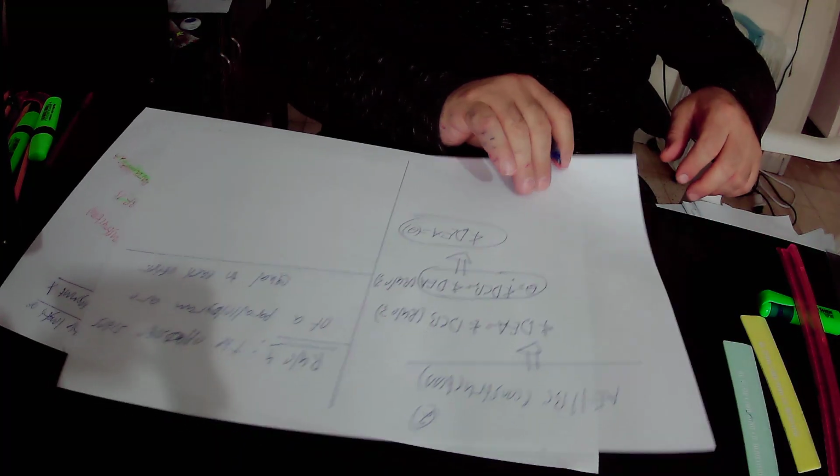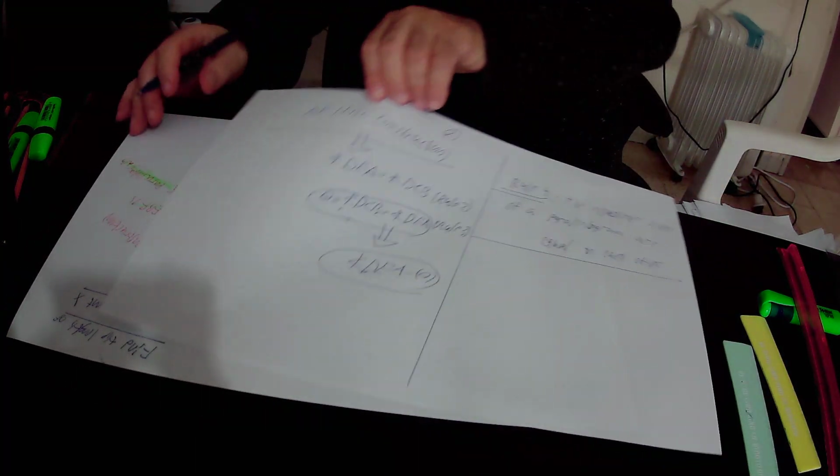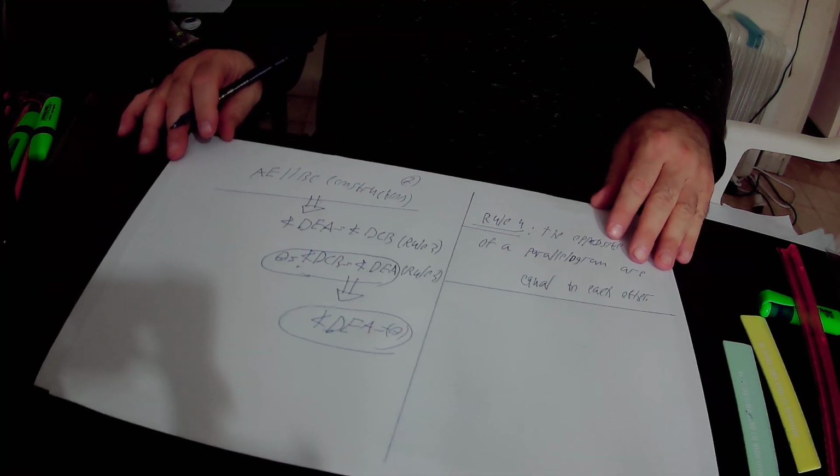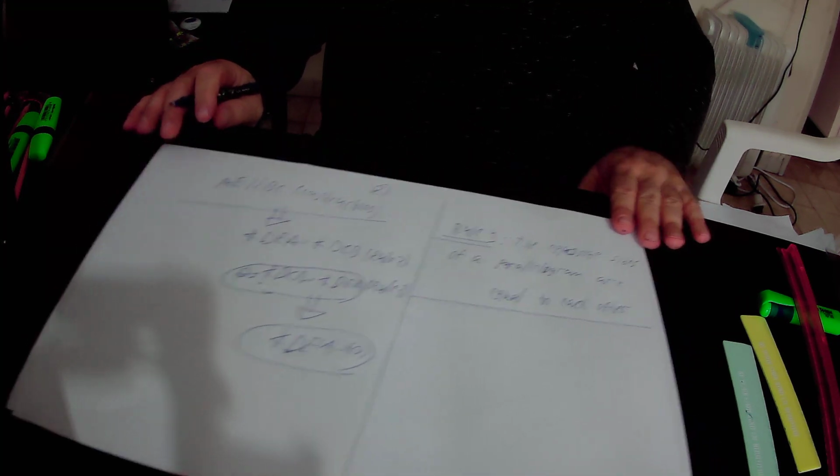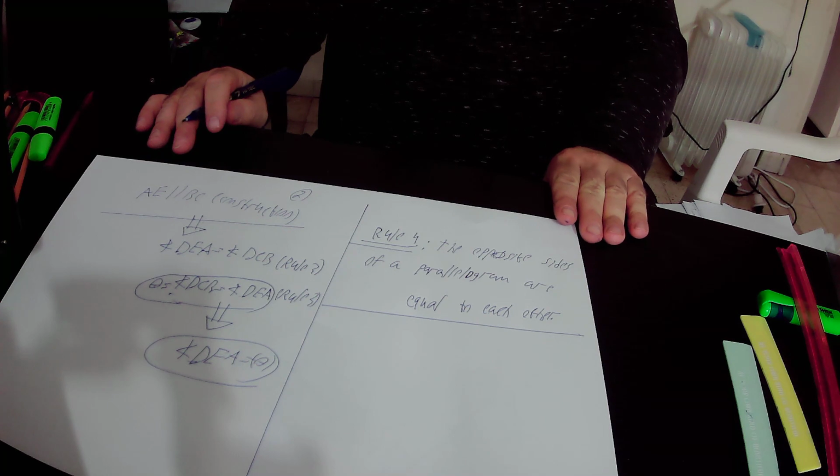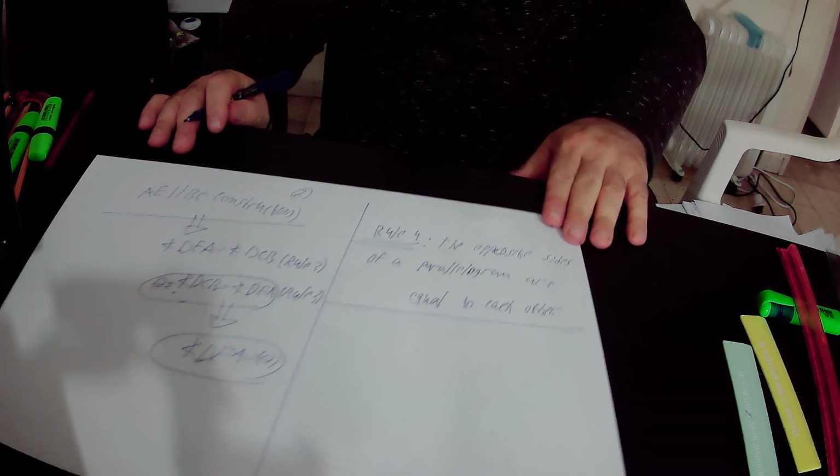So I'll read rule number 4 again. According to rule number 4, the opposite sides of a parallelogram are equal to each other.